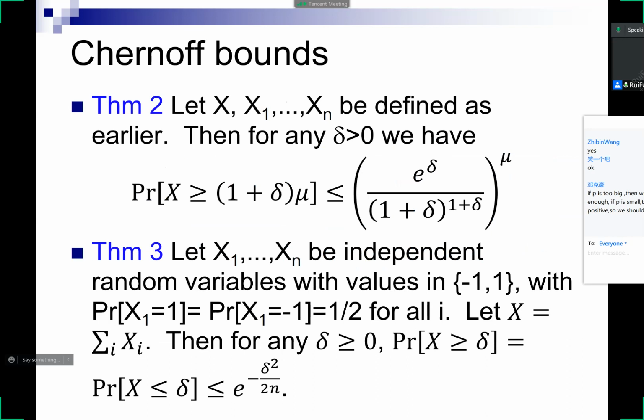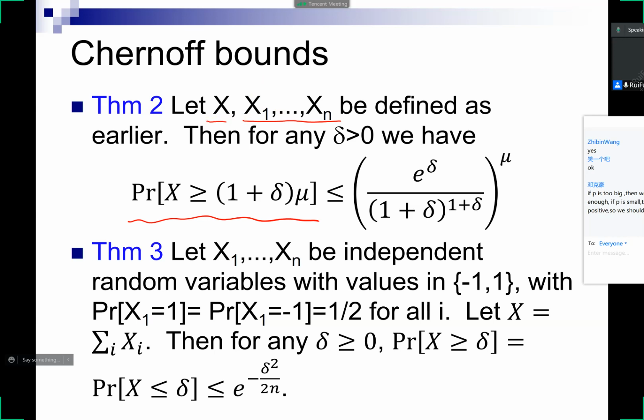Theorem 2 over here is a very general form of the Chernoff bound, but you can also see that it's more complicated. This is why we have these other forms in theorem 1, because they're somehow easier to use than this more general form. What this general form says is that we again have a bunch of random variables, X1 up to Xn, each of which is a 0, 1 random variable, and X is the sum of all of these.